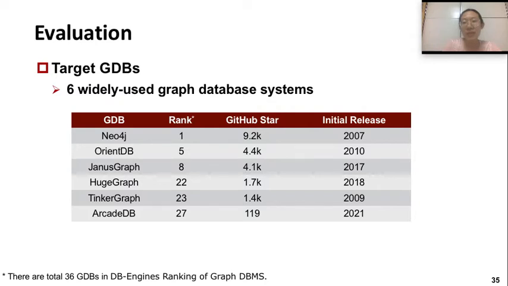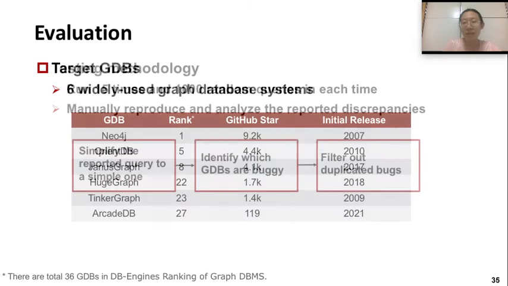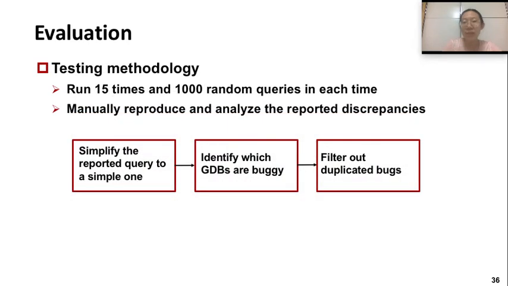To demonstrate the effectiveness of Gerund, we evaluate Gerund on 6 widely used GDBs and detect real-world logic bugs in them. We configure Gerund to run 15 times and generate 1,000 random Gremlin queries in each time.